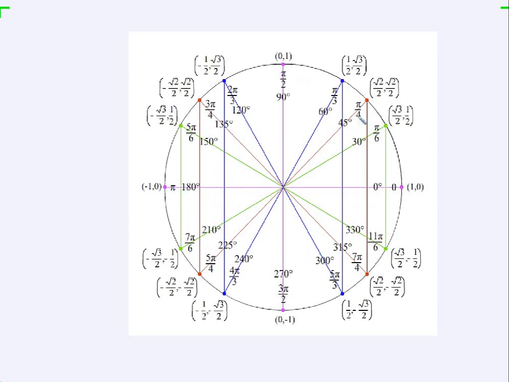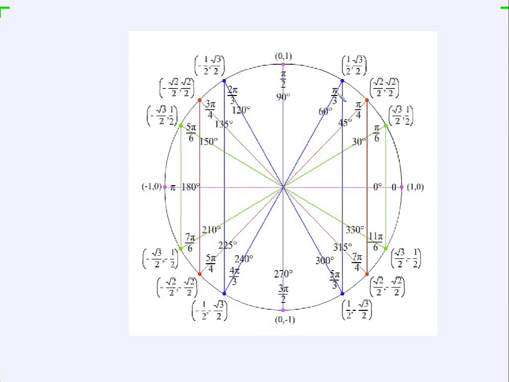Anything divided by 4, right? 3 pi divided by 4, 5 pi divided by 4, 7 pi divided by 4. And the ones divided by 4 are the easiest ones because x and y are exactly the same. It's rad 2 over 2 for both x and y. The only thing that changes is depending on what quadrant you're in, x might be negative or y might be negative, or maybe both are negative if you're like in quadrant 3.